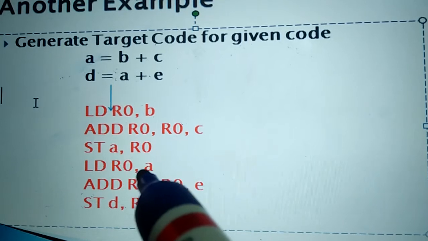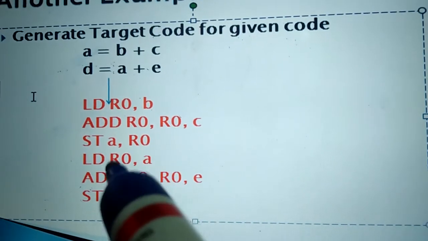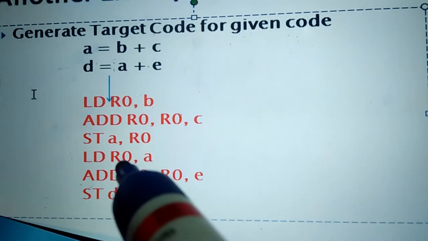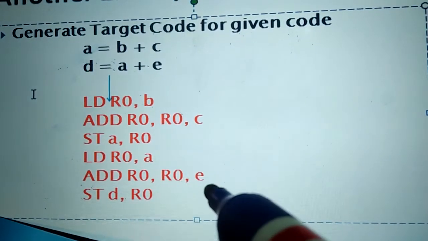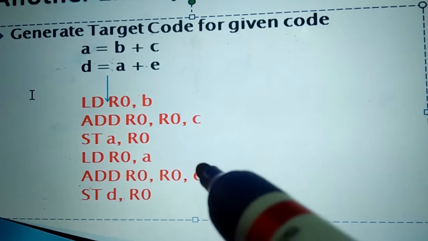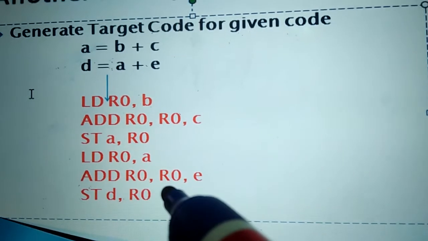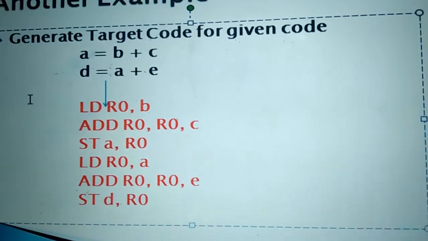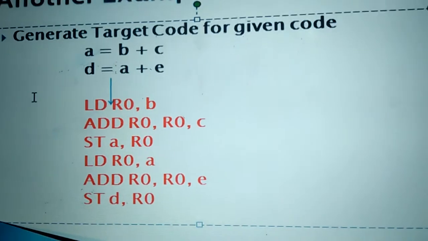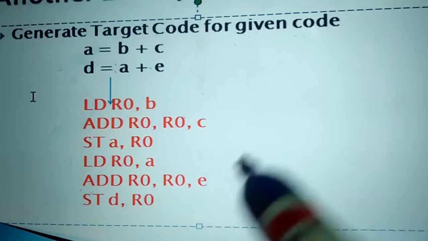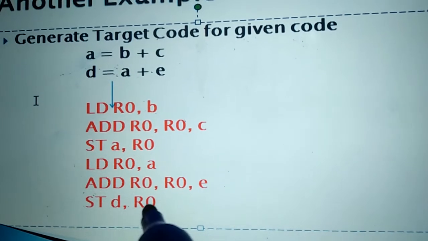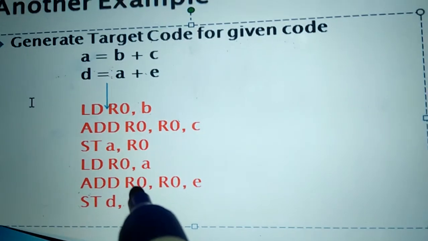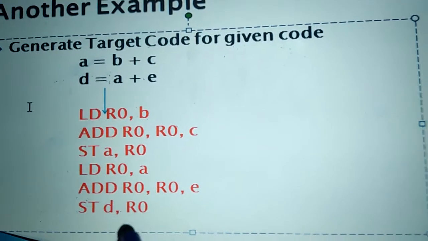So load this a in R0, and add the value of R0 with e. Both of them are added, and the final value computed is stored in R0.